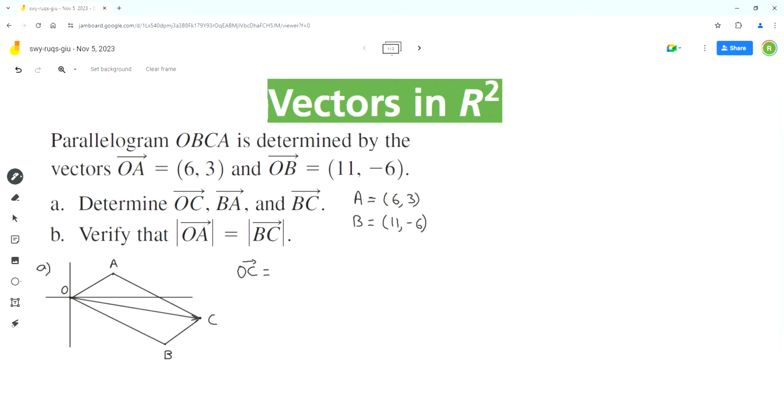Vector OC goes from point O to point C. An alternate way to go from point O to C is to go from O to B and then from B to C. So vector OC is equal to vector OB plus vector BC. In a parallelogram, opposite sides have equal length and the same slope, so vector BC is equal to vector OA.